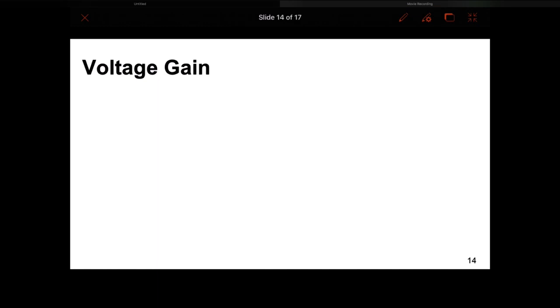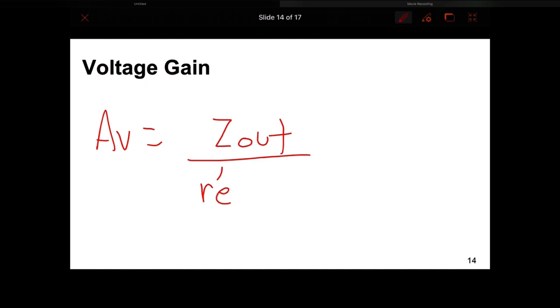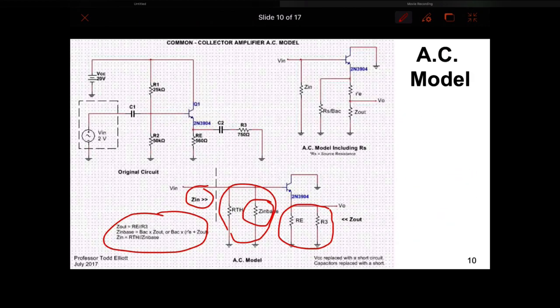Okay, so AV, voltage gain, is equal to the output impedance Z out divided by R prime E plus Z out. I'll go back to this diagram.